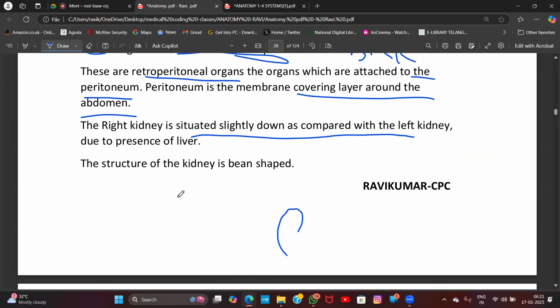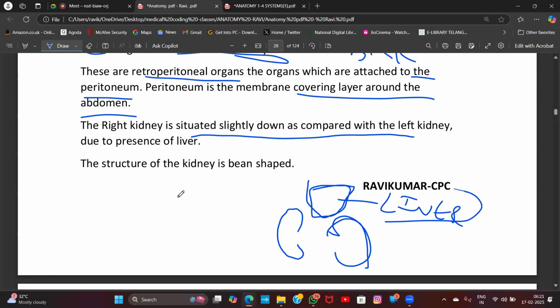Because of the organ present on the right side, the largest gland, the liver. Due to the presence of the liver on the right side, the right kidney is slightly lower than the left kidney.